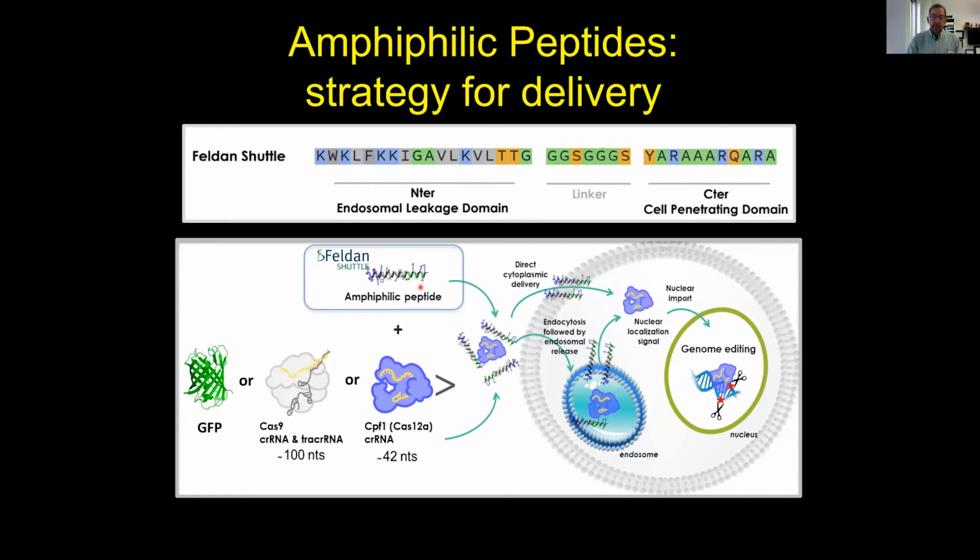And when these peptides are in solution with a variety of protein cargos, they drive the protein across the cell membrane rapidly, allow it to escape endosomal destruction where it can transit to the nucleus and do its business.